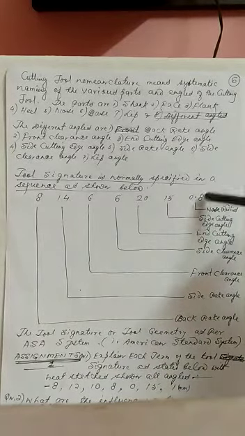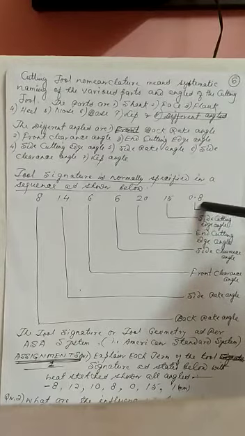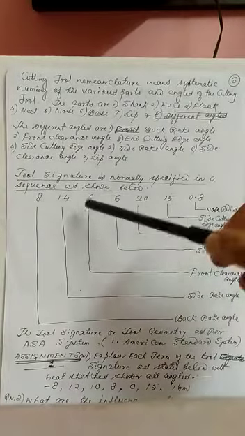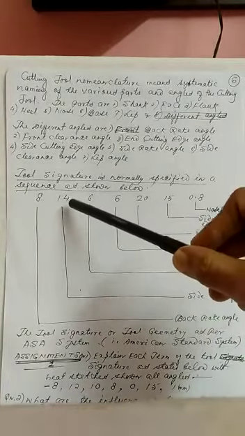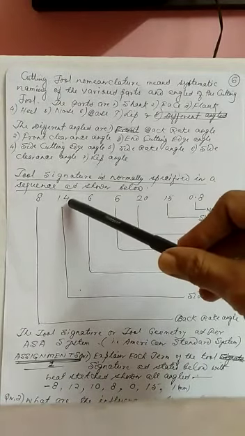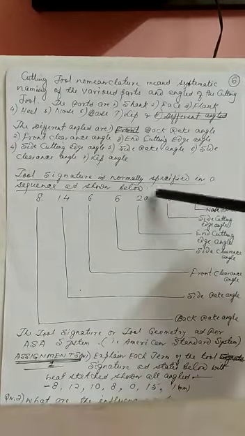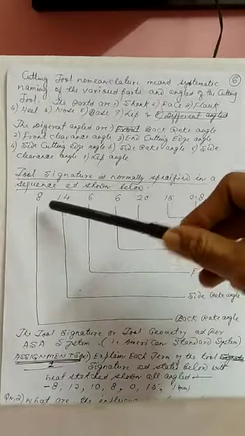So first of all, there is a nose radius, which I have shown you with these numbers: 0.8, 15, 20, 6, 6, 14, 8.